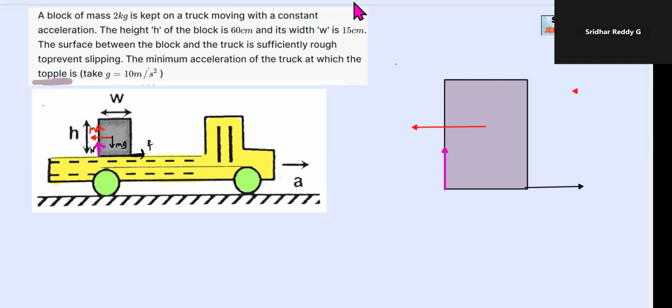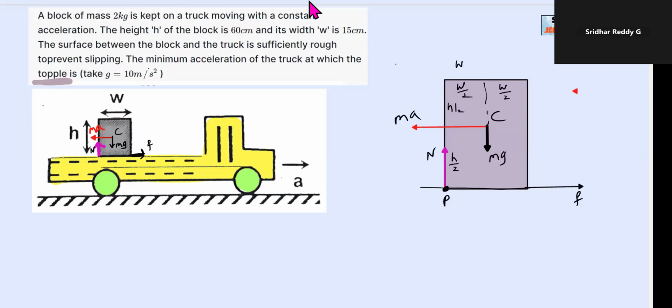There's a weight mg. The various forces I'm showing by arrows. Now let's analyze all. This is mg. This is the pseudo force ma. There's a normal contact and there's a friction. There's the truck itself, and it is accelerating. This is the center of mass. This length will be w by 2. This is h by 2.